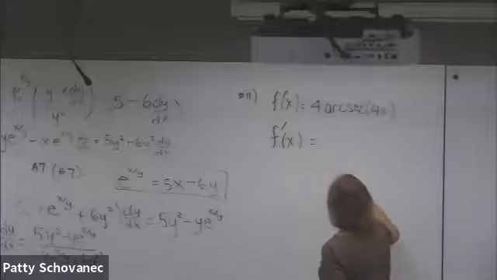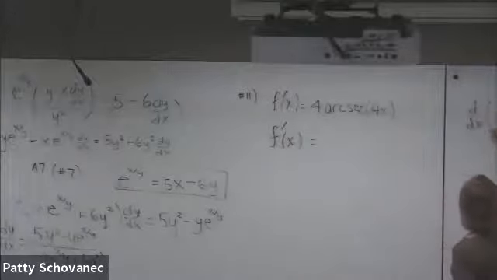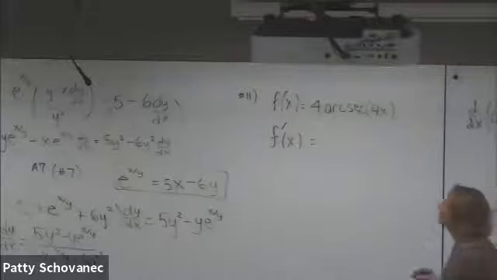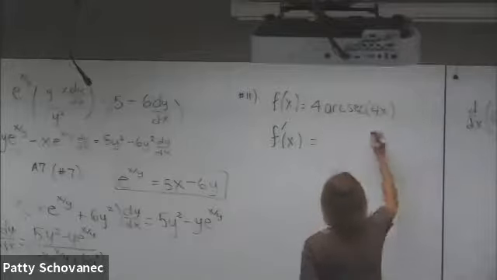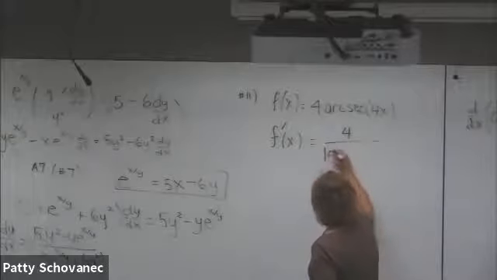All right. So the derivative with respect to x of the arcsecant of u looks like 1 over the absolute value of u times the square root of u squared minus 1, times u prime. So the 4 is a constant. Let me just put it on top. My u is 4x.